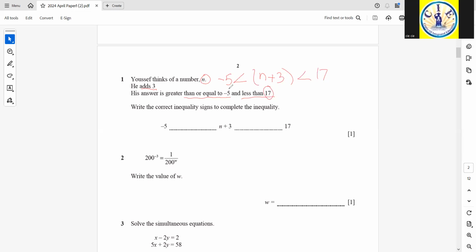So the inequality will become negative 5 less than n plus 3 and less than 17. Write the correct inequality signs to complete the inequality. So this is how this question is to be done.